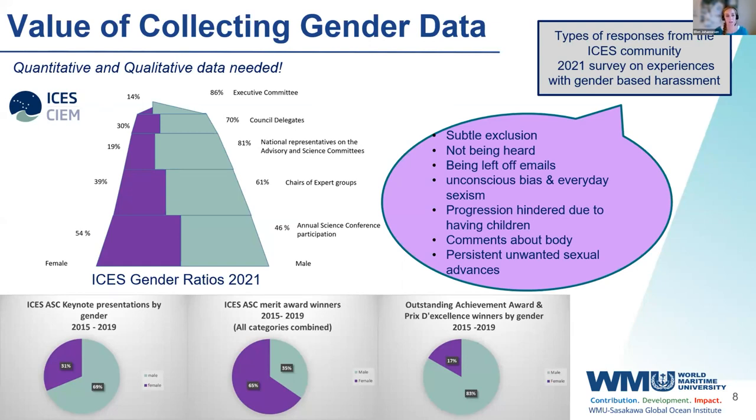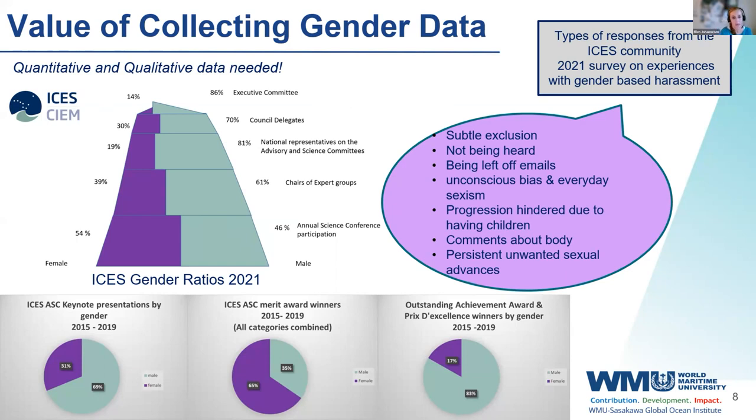There we have pretty good gender balance in our community. But the further up the organization you go, the fewer women you have, with women representing around 20% of the decision-making parts of the organization.